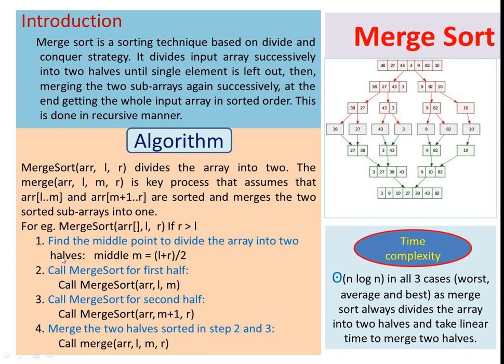Then we call merge sort for the first half, which is the array, lower index and the middle index.